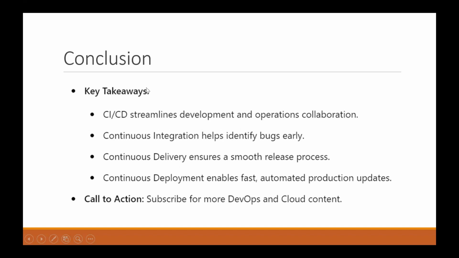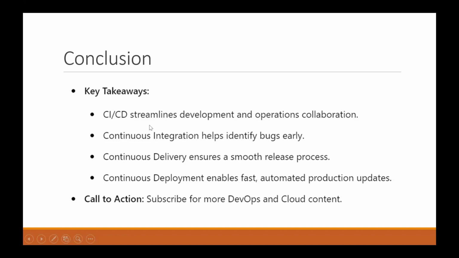Let's now conclude this. We discussed CI/CD streamlines development and operations collaboration. Continuous integration helps identify bugs early. Continuous delivery ensures a smooth release process. Continuous deployment enables fast automated production updates.